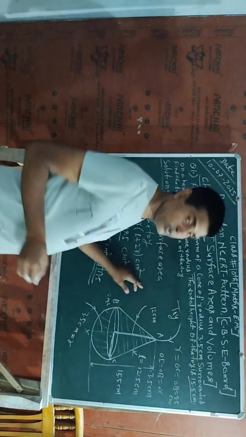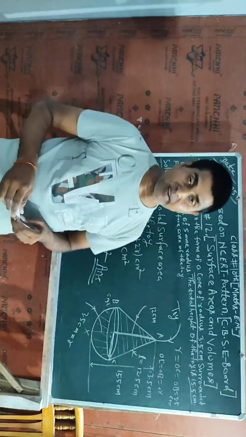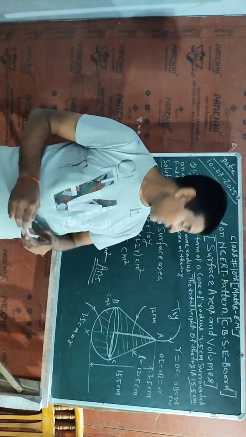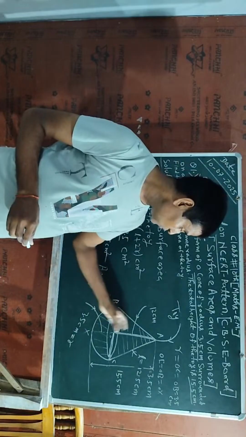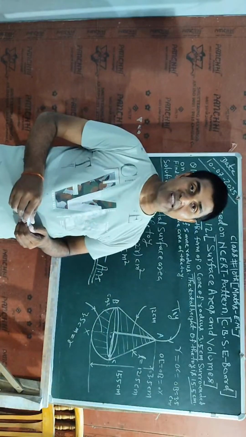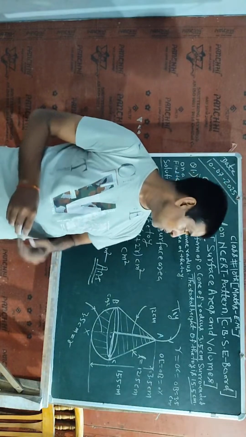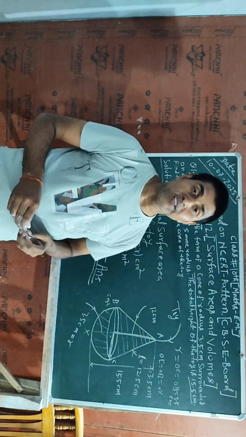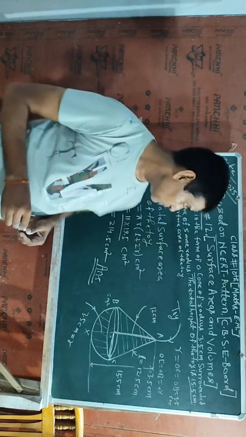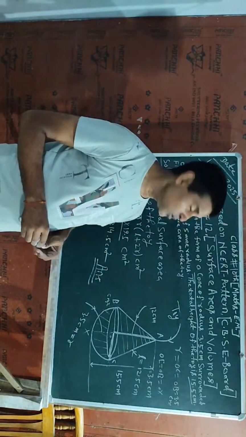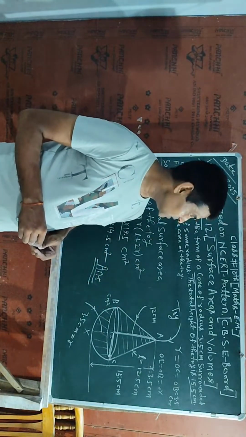Some question can be asked also in competitive exam. If you are knowing all information of the cone and also right circular cone and also a hemisphere, so one question will be asked in your competitive exam. So all concepts you will use, and after using you will solve. So you will get good marks in your exam. These theories are same for the UP board exam and also CBSE board exam.